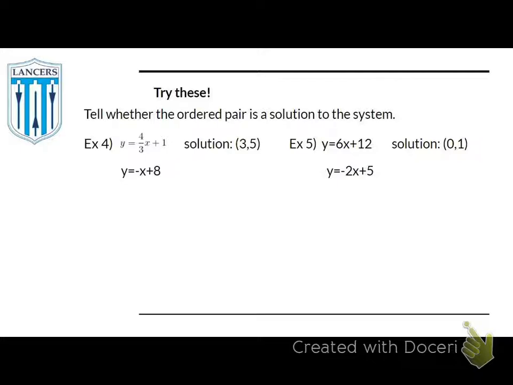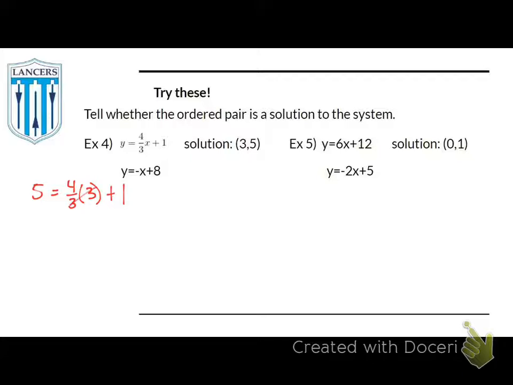What's going in for y? A 5. 5 equals 4/3 times. What's going in for x? A 3. All right, 4/3 times 3. That is not that challenging because what happens to the 3's?